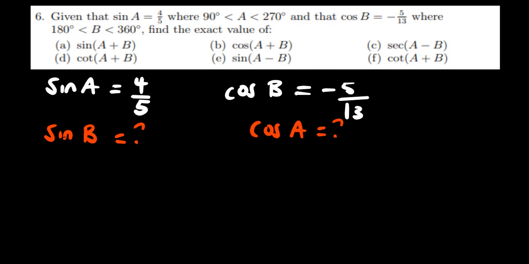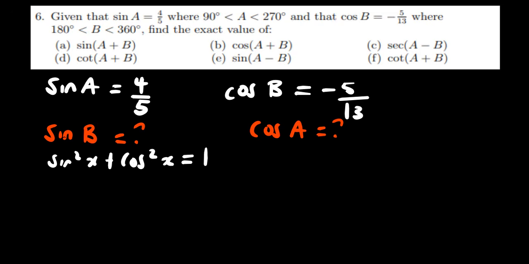According to your Pythagorean identity, you know that sine squared x plus cos squared x just equals 1.